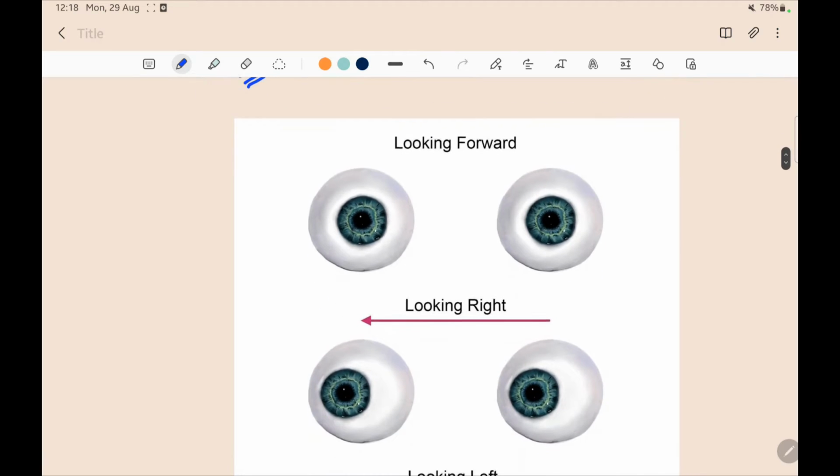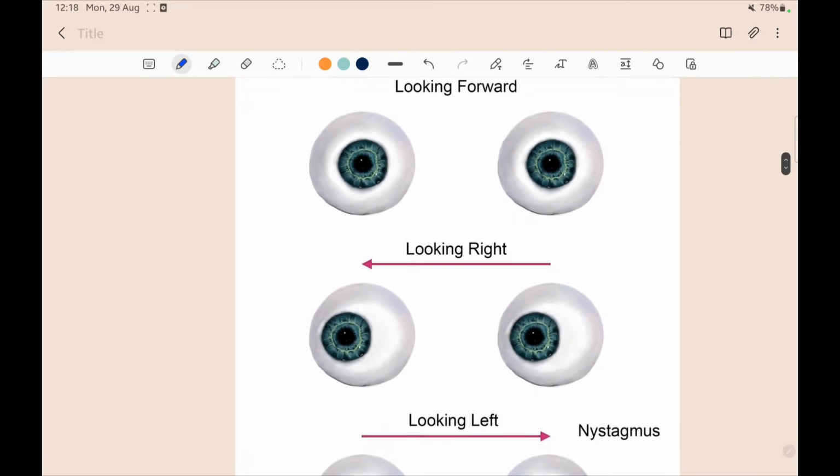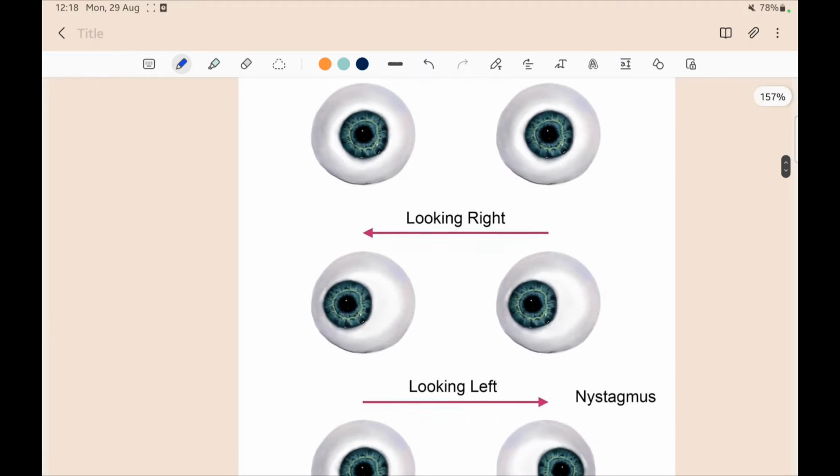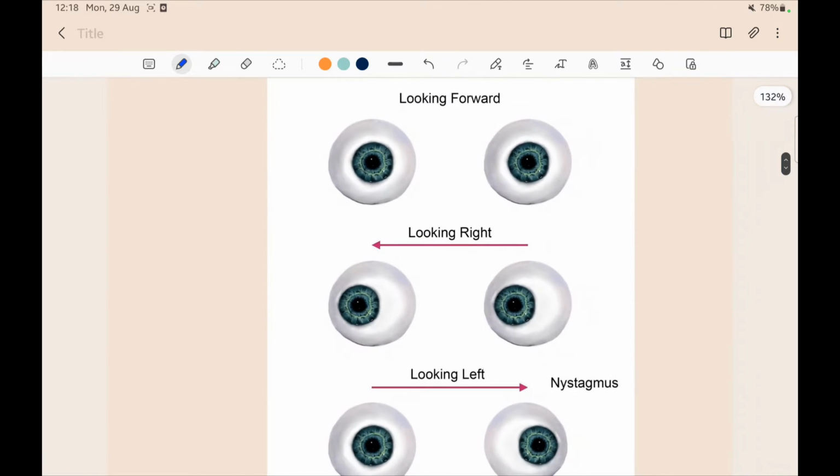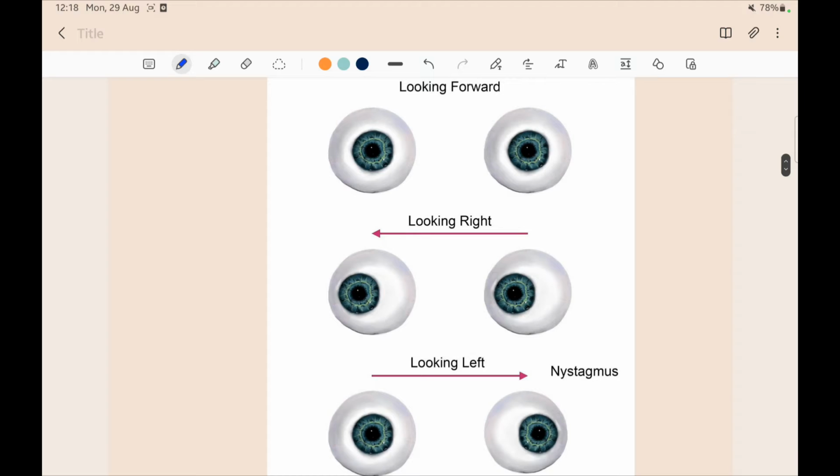So for example, we are looking at this diagram. When you are looking straight, there is no abnormality. When you are looking right, there is no abnormality because your right side is not affected.